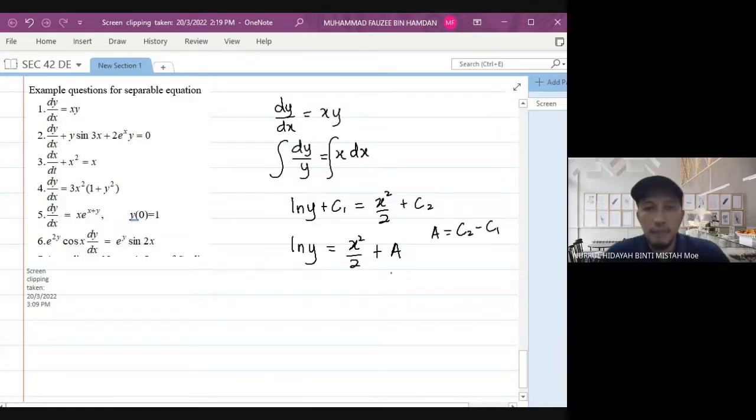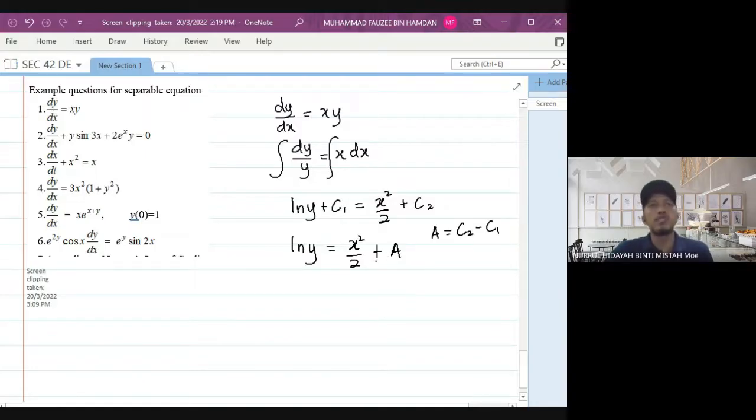Okay. So this is your final answer. In the future, you don't have to write C1 and C2. Automatically you can combine them. We consider that we only have one integration constant. Okay, so this is the final answer.